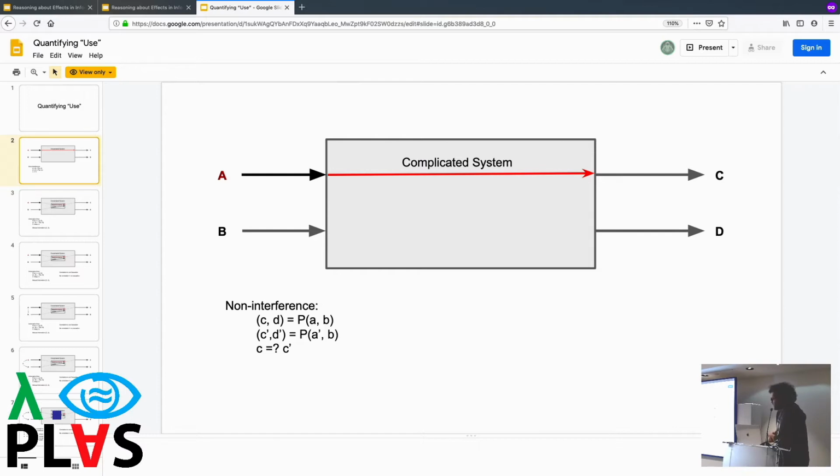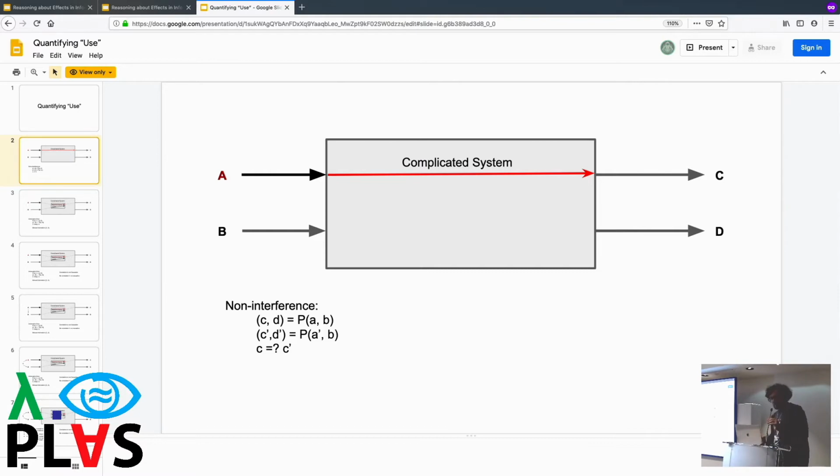So I guess the simplest thing you might do in this case is standard non-interference, which somewhat captures the idea of use. To reason about that, you'd think about two different inputs for A that produce two different outputs for C, and if that happened, you'd say there is some interference, which sounds very much like use of A in producing a value C here.